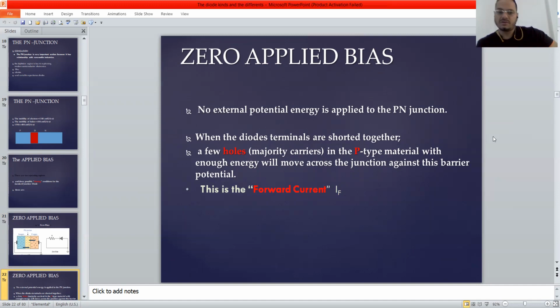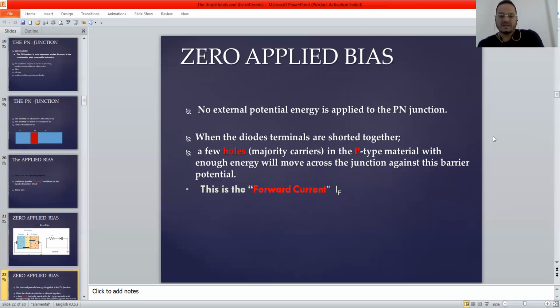A few holes, the majority carriers in the p material, with enough energy will move across the junction against the barrier potential. This is the forward current, IF.